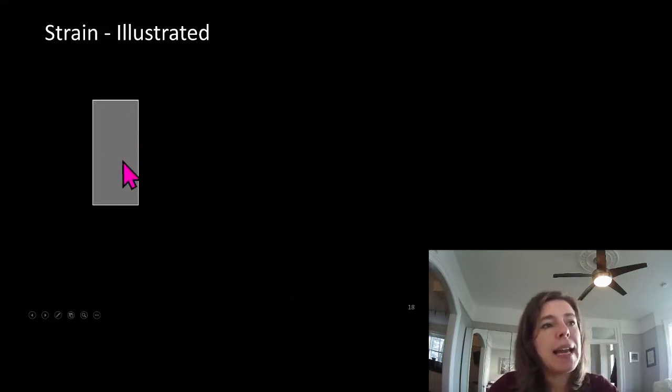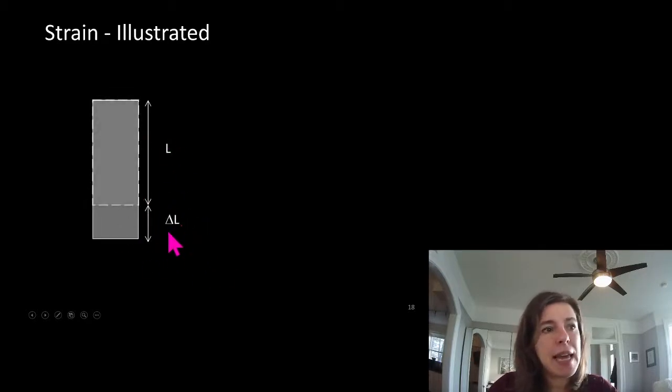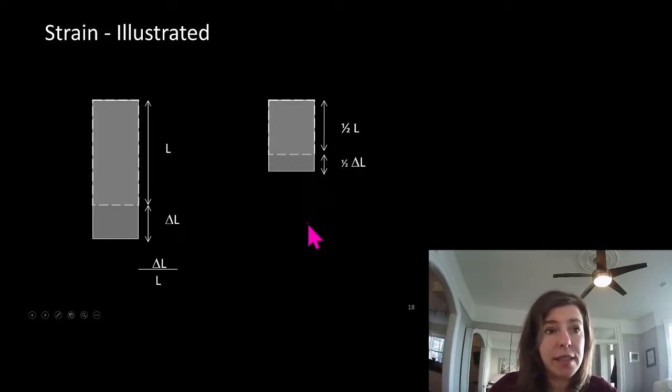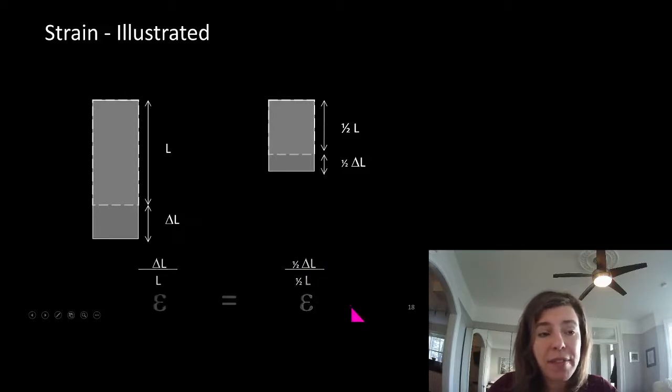So let's look at the same original length, the same delta. So delta L divided by L is our strain. We have half the original length, but now we've only deformed half the delta. So we have half the delta divided by half the length.